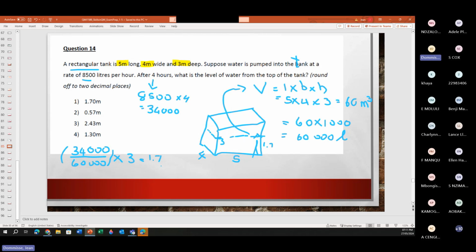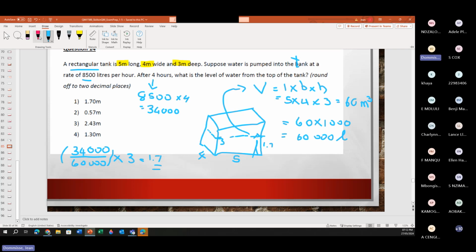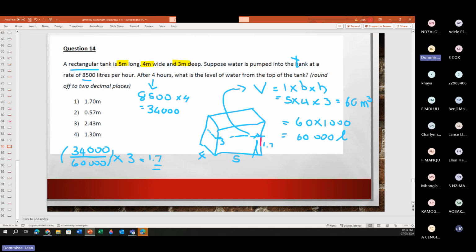So what's filled up is 1.7 meters. What do they say? After 4 hours, what is the level of water from the top of the tank? So filled up is 1.7.